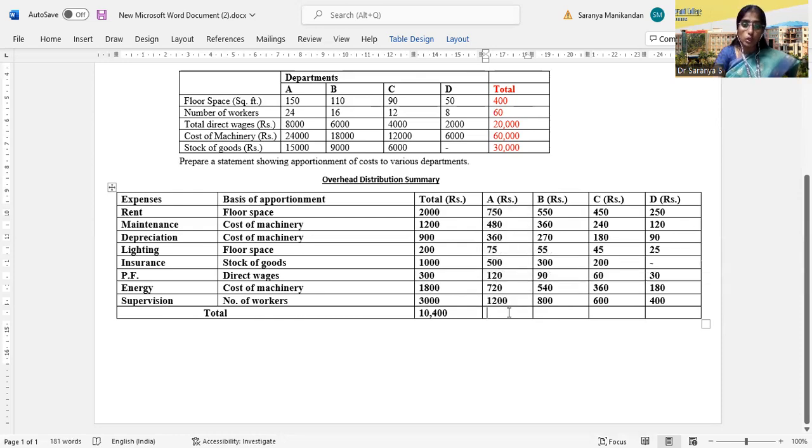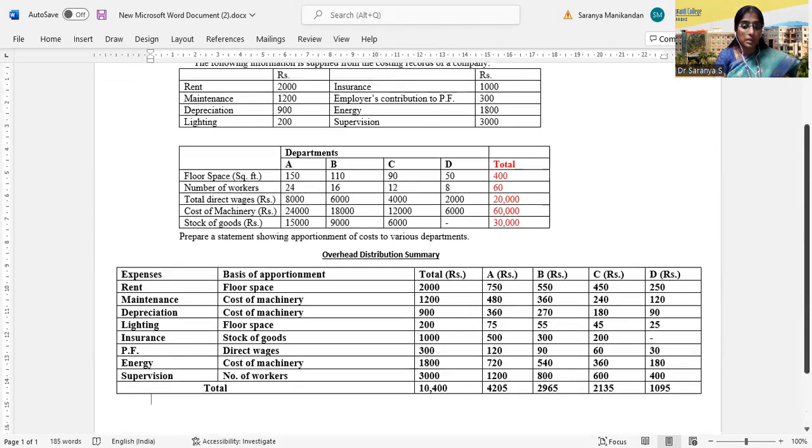For A department, you will get 4,205. And for B department, you will get 2,965. And for C department, you will get 2,135. And for D department, you will get 1,095. So this is how we have to prepare the overall distribution summary.